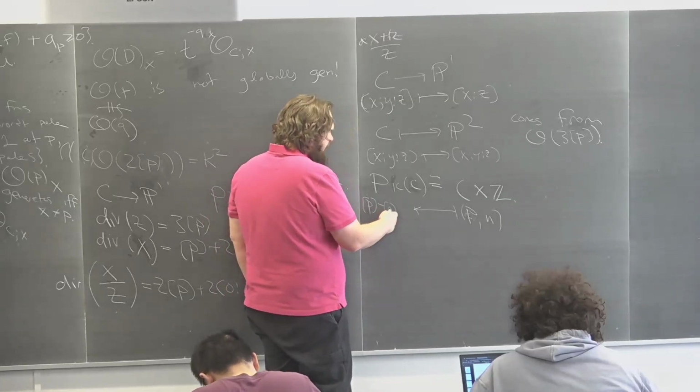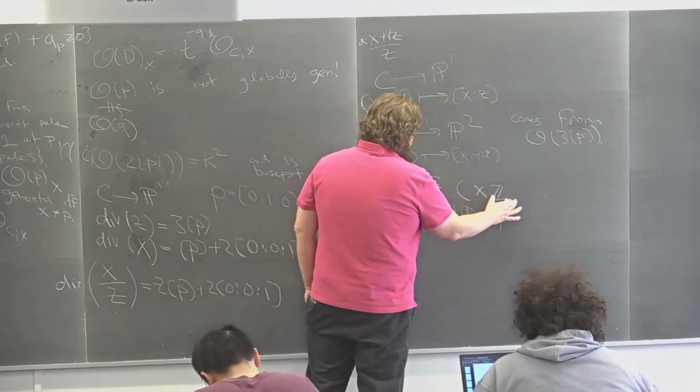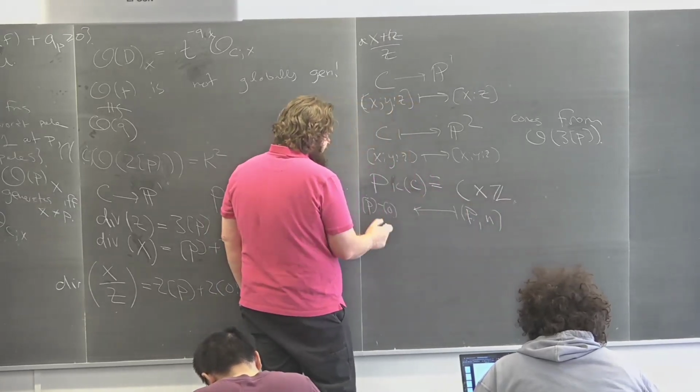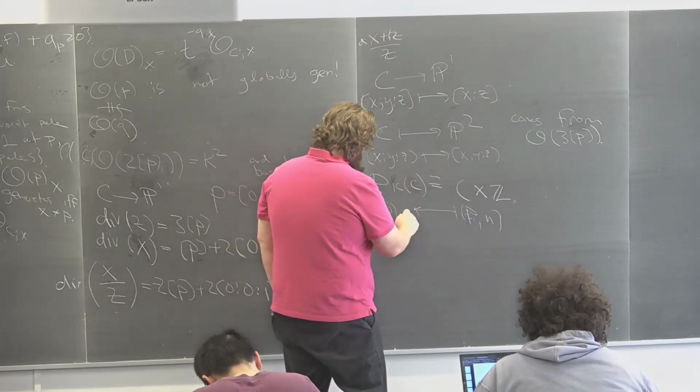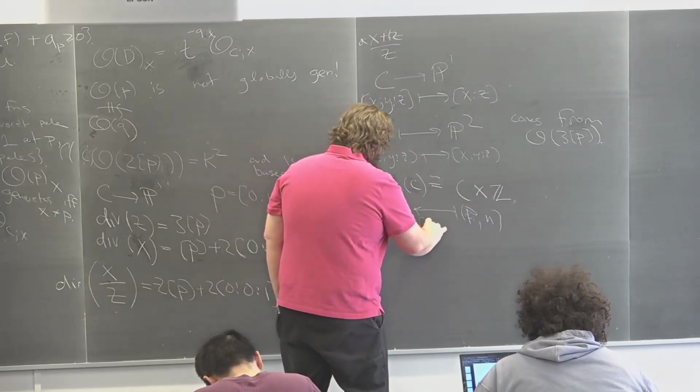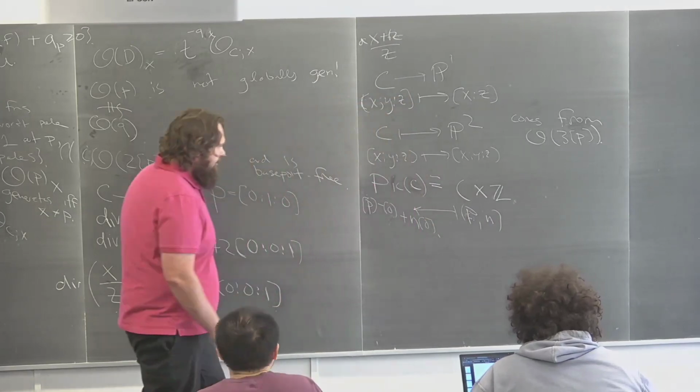I get P minus 0, that's when Z is 0, that's isomorphic to the degree 0 things, plus n times this base point.